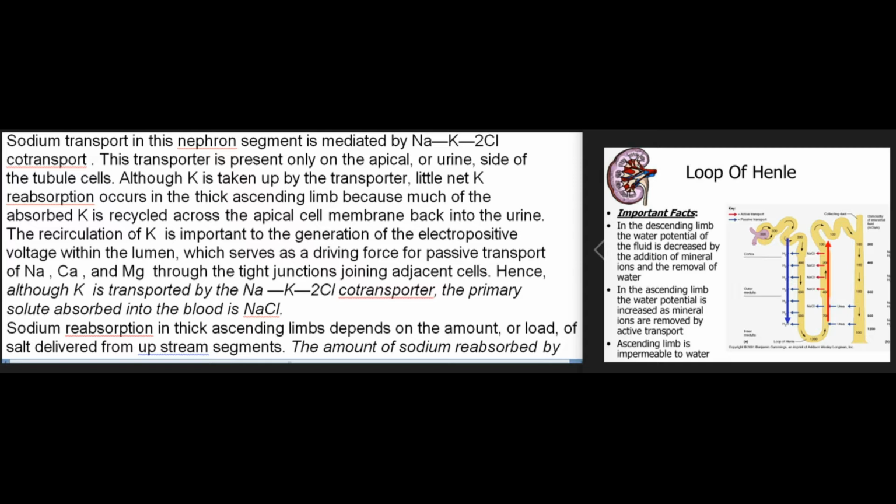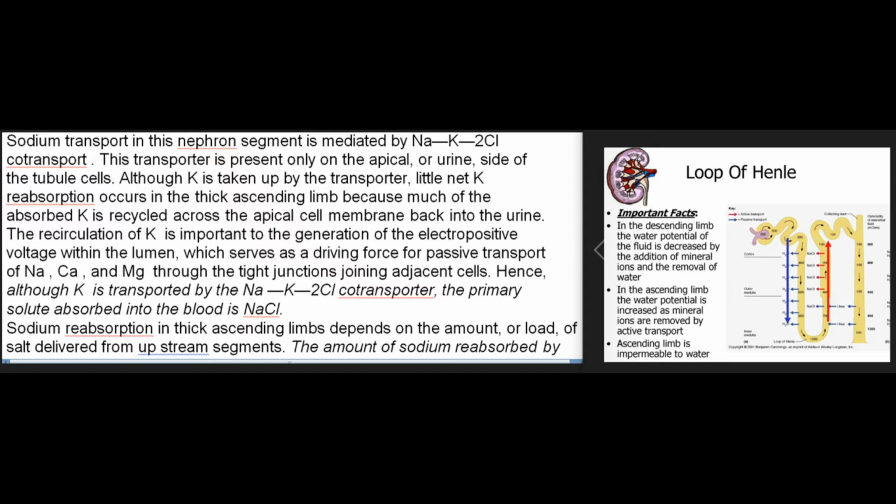The recirculation of K is important to the generation of the electropositive voltage within the lumen, which serves as a driving force for passive transport of Na, Ca, and Mg through the tight junctions joining adjacent cells. Hence, although K is transported by the NaK2Cl cotransporter, the primary solute absorbed into the blood is NaCl.